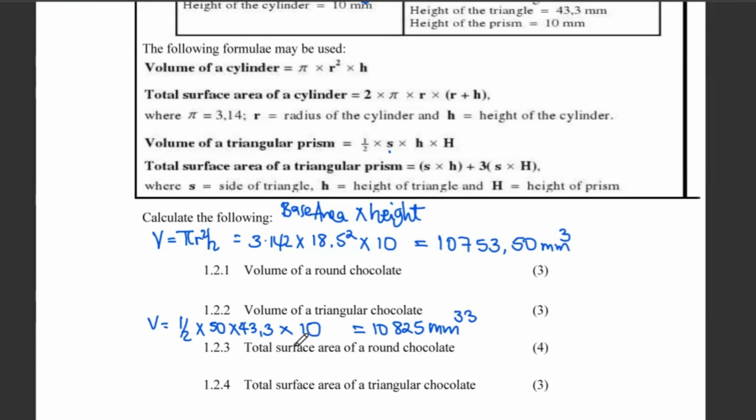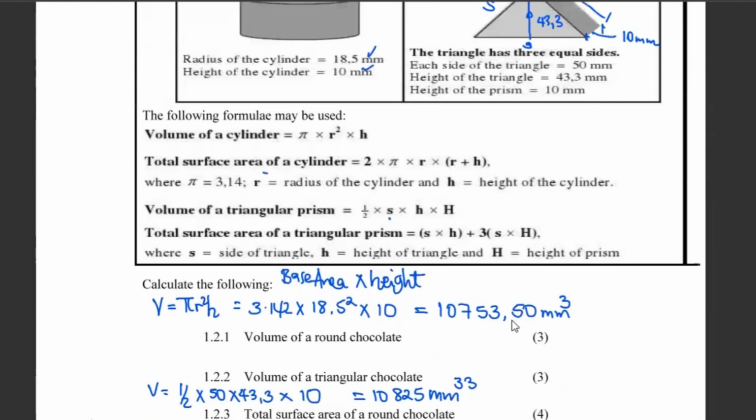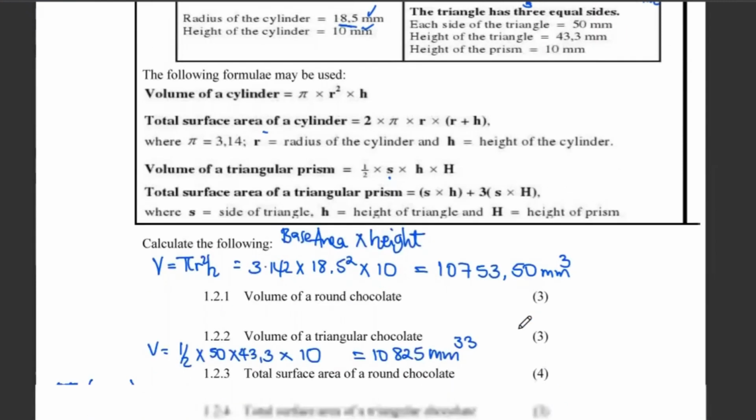So they're asking us, calculate the total surface area of the round chocolate. Now, total surface area, they've already told you: it's 2 pi r into r plus h. So we shall say 2 times 3,142 times. Take note, remember the radius, we had it as 18,5.